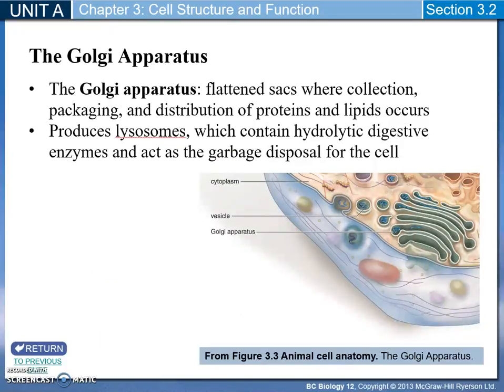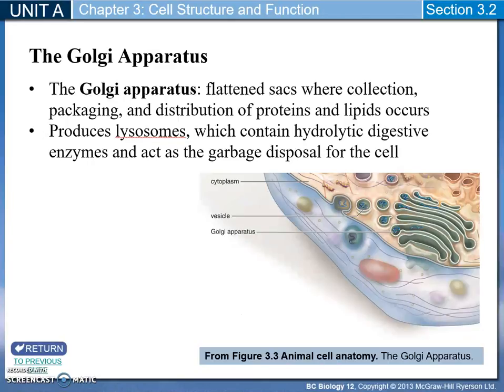The Golgi apparatus is made of flattened sacs where the collection, packaging, and distribution of proteins and lipids occurs, and it produces lysosomes. The lysosomes contain the hydrolytic digestive enzymes. In other words, the enzymes that will actually break down the cell.